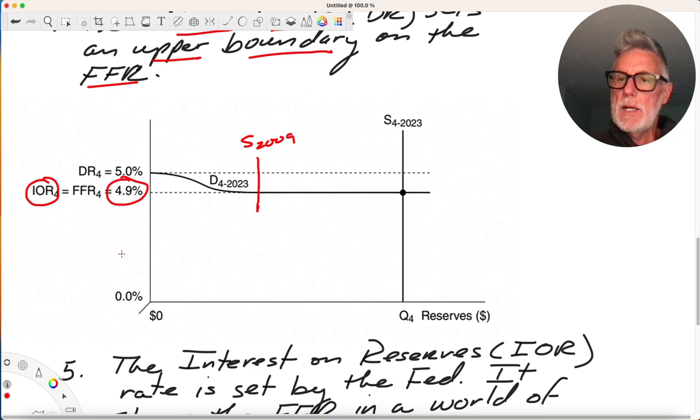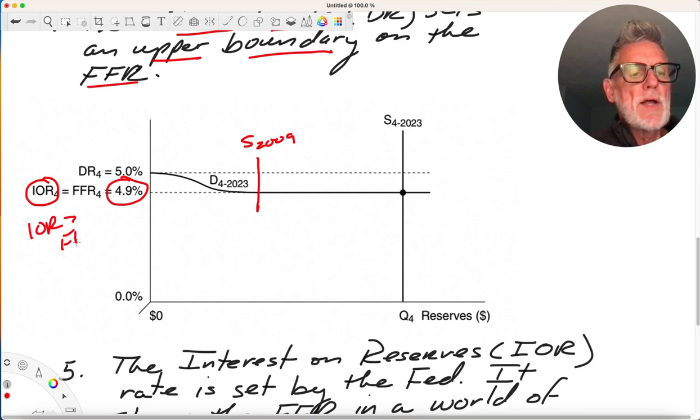So I'm going to put it in an account with the Fed rather than leave it in the federal funds market where I'm going to earn less. So if the IOR is greater than the federal funds rate, which is exactly what had to happen to pull the federal funds rate up here, then funds are going to move out of the federal funds market into these accounts. And when these funds move out of the federal funds market, guess what will happen? The decrease in the supply of federal funds will actually raise the interest rate.